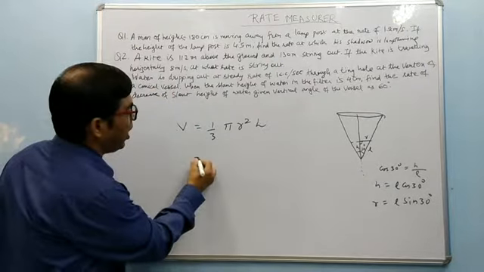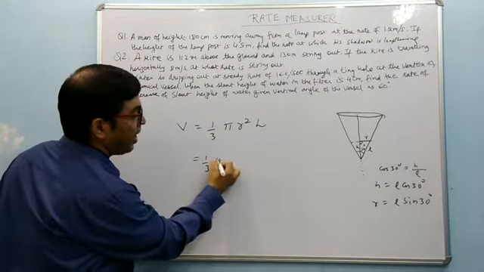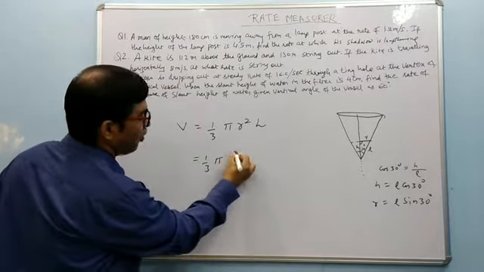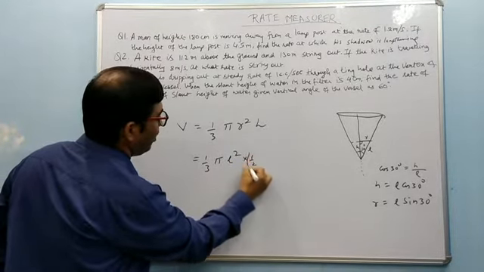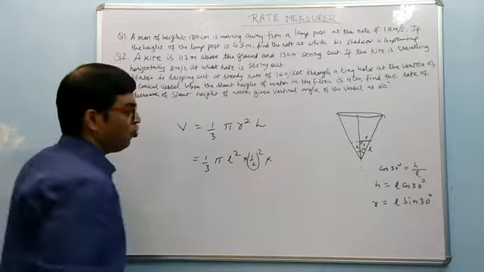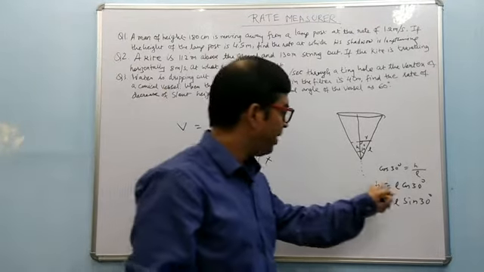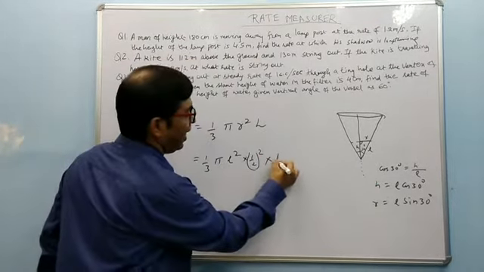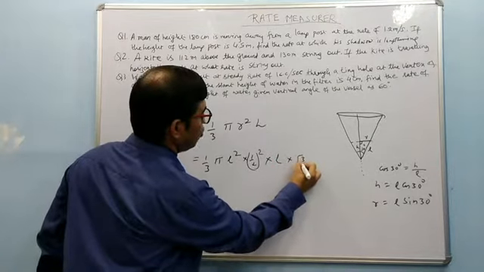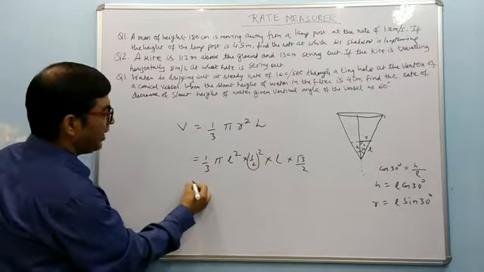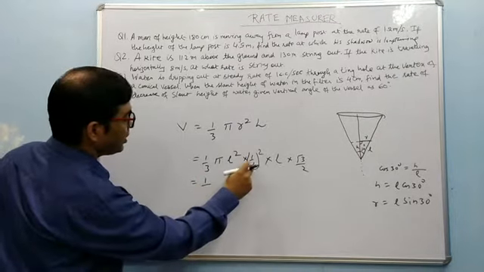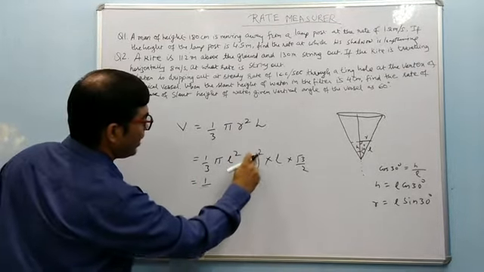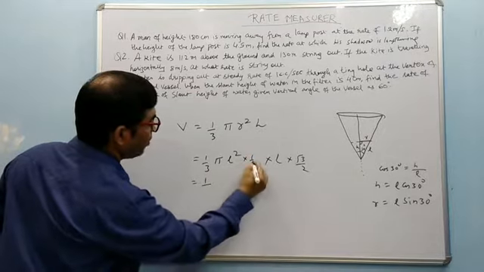So it will be 1 by 3 pi r square, meaning L square sin square 30. Sin 30 is 1 by 2, so 1 by 2 square into H. H is what here? L cos 30. So L into cos 30 is root 3 by 2. So ultimately it is coming out to be 1 by 2 square is 1 by 4.